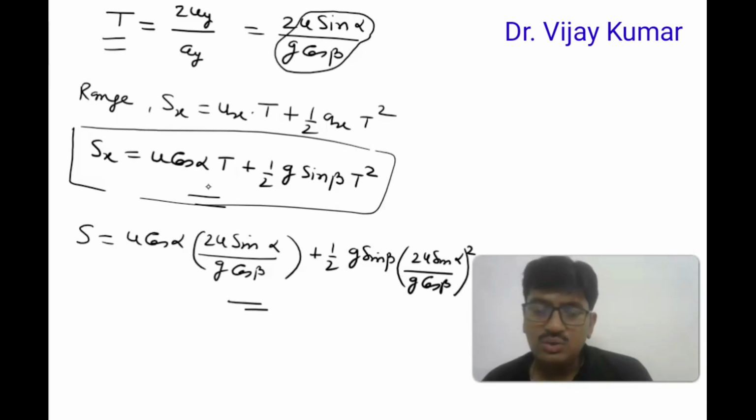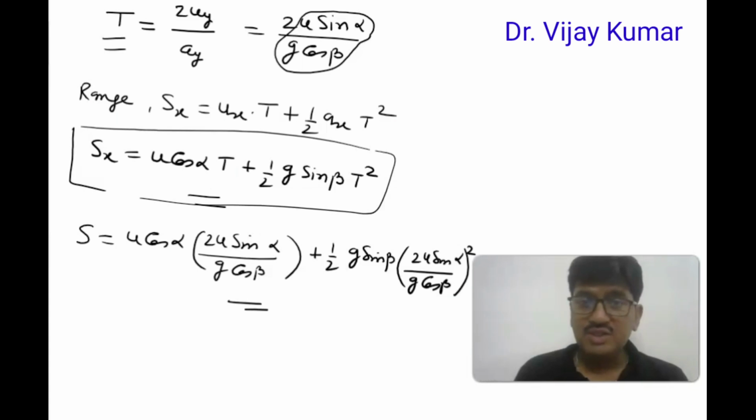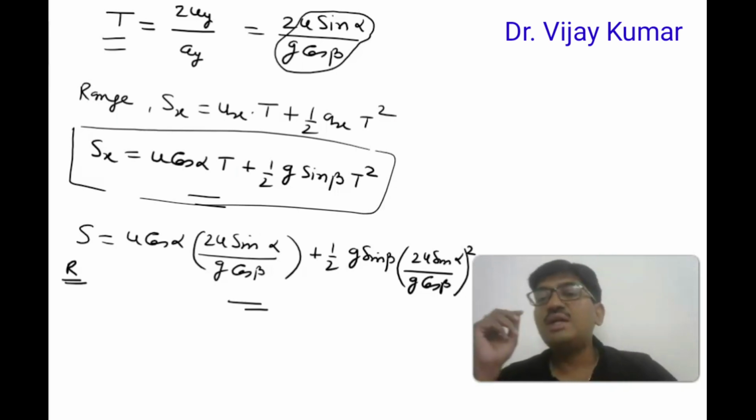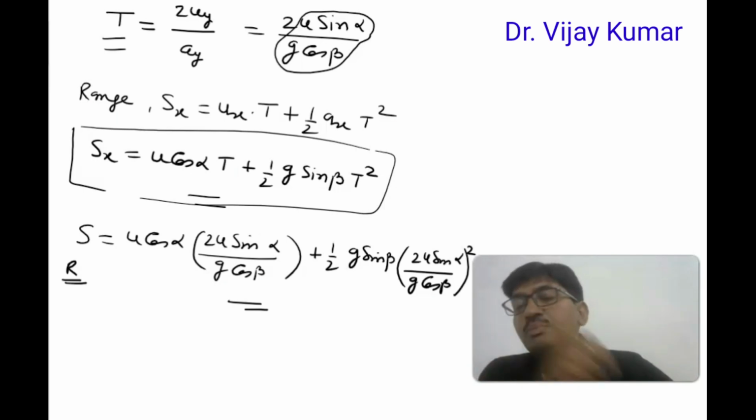This should also be the range, which we can represent by R. So this is the case of the inclined plane in which the object is projected in the downward direction.